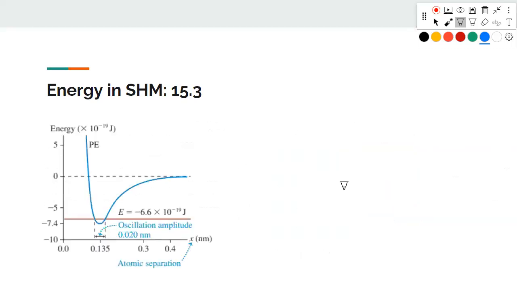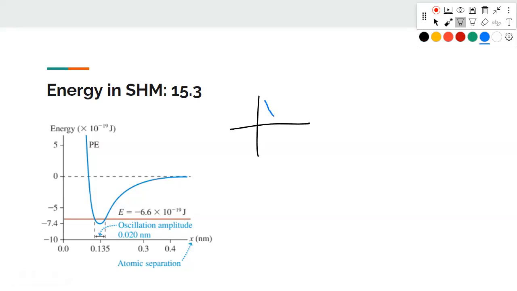Okay, so I just wanted to also give you this example, similar to what we were talking about with quartz, of how atomic and molecular systems, in general, have complex potential energy functions. So you can see here that this blue curve is the potential energy function of some molecular system.